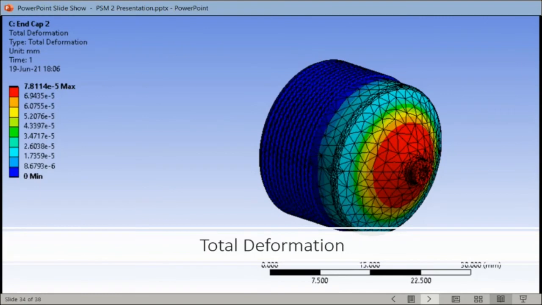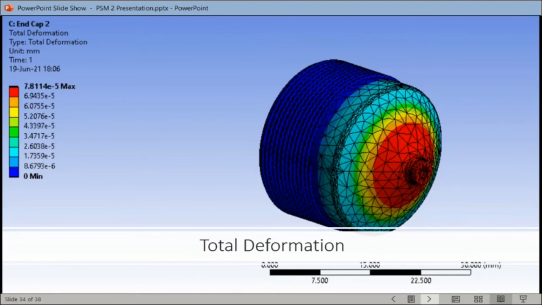The result for this analysis is a maximum value of total deformation of 7.8 times 10 to the power of negative 5 millimeter, as shown in the figure, which is the red part. It shows the highest deformation occurs at the end of the end cap. This is because a higher stress occurs at the smaller diameter.